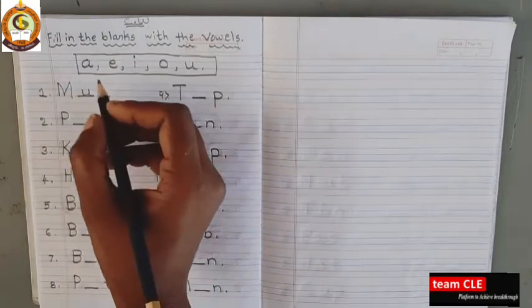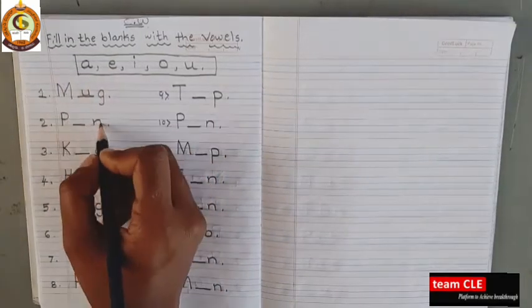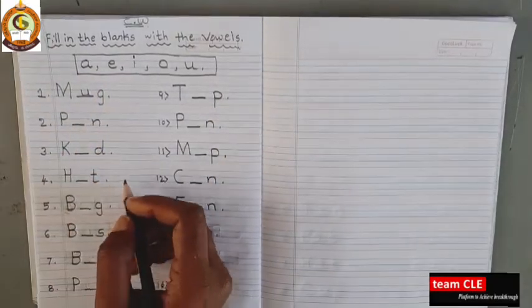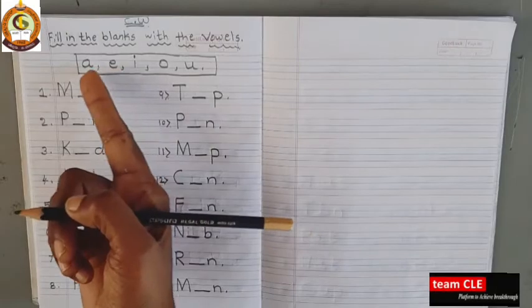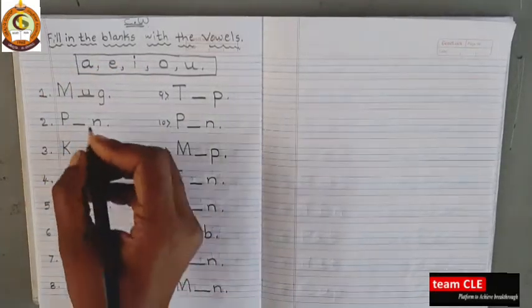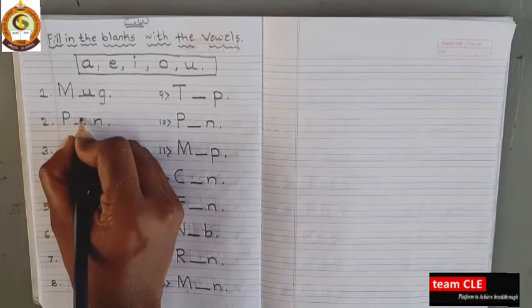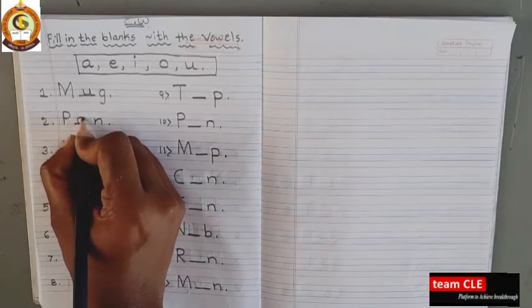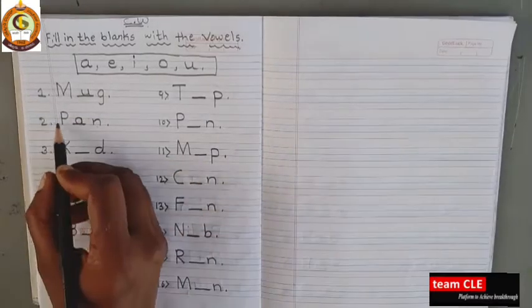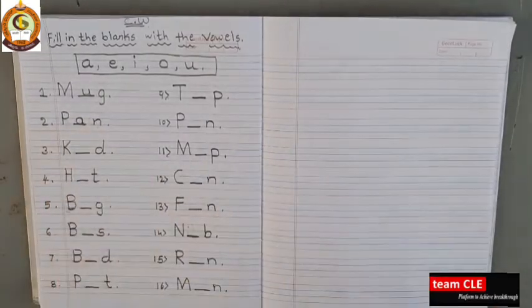Any three you can write: P-A-N, pan, P-E-N, pen, P-I-N, pin. Any one of these three vowels you can write. I will write A here. P-A-N, pan.